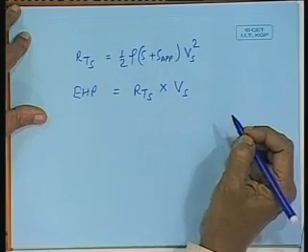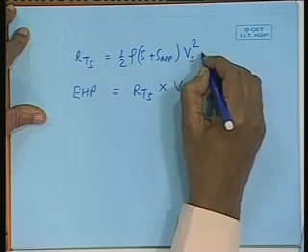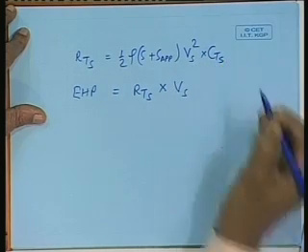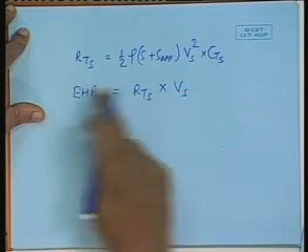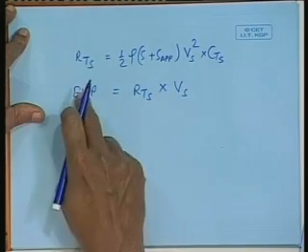Once you get CTS, you can calculate RT as half rho (S plus SAPP) CTS Vs square for various speeds, and EHP, effective horsepower, we have seen will be equal to total ship resistance into Vs. If this is in kilonewtons and Vs is in meters per second, this will be in kilowatts.